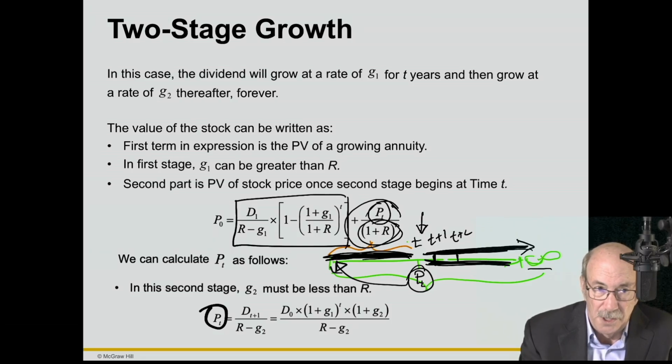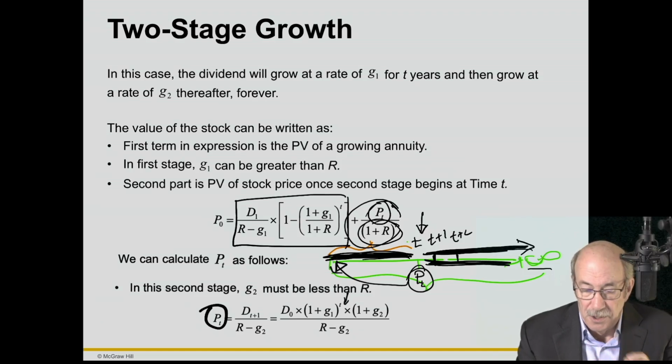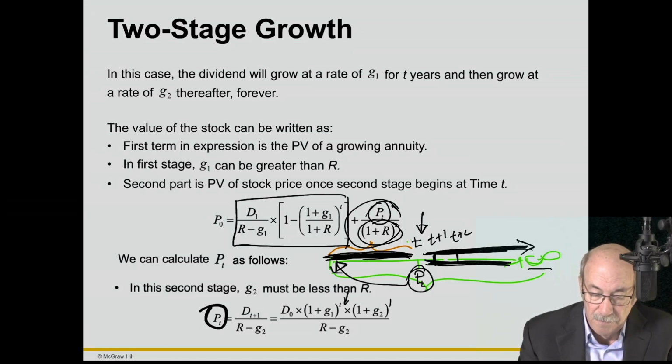That would be the beginning dividend, D0, times 1 plus the growth rate for the first period for t periods, times 1 plus the growth rate for the second period for just one period. There's an implicit 1 up here. And then I'm going to use that same growing perpetuity formula, that closed form solution for a growing perpetuity, and that will give me my P sub t.